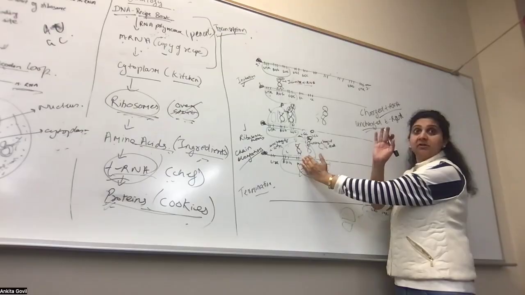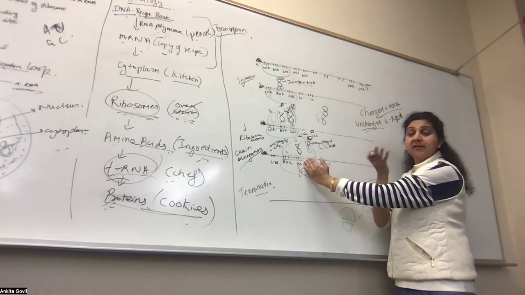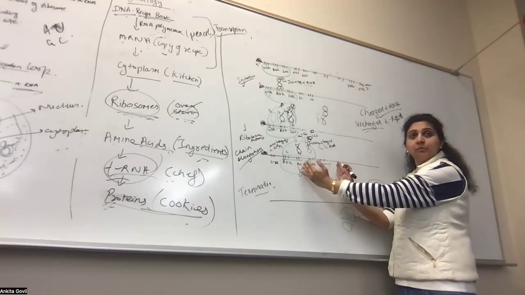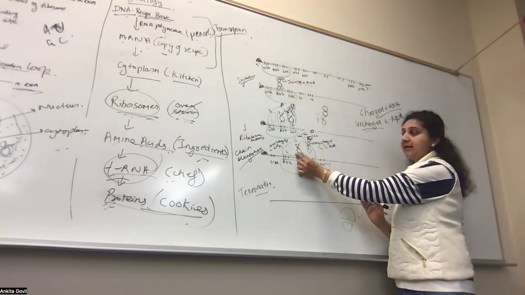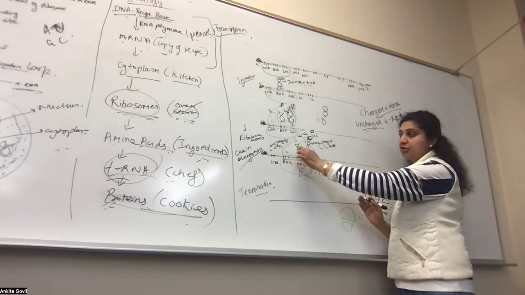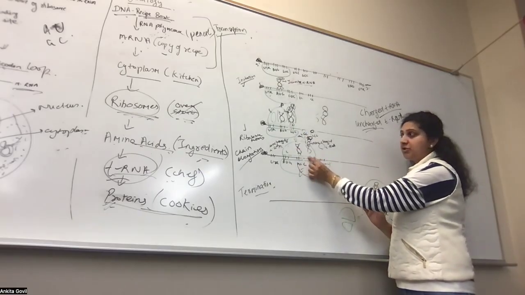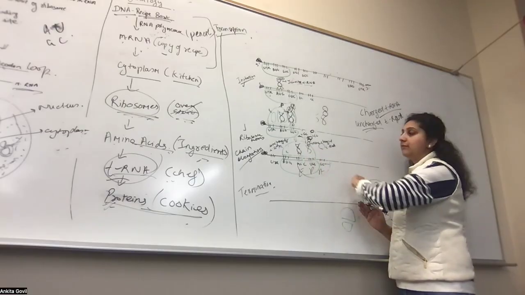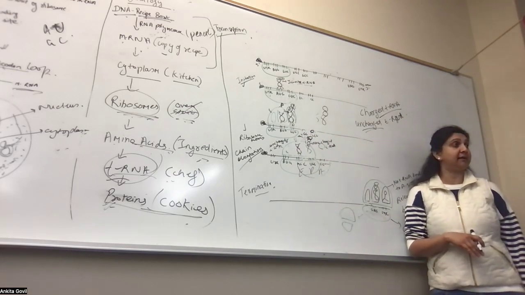Then the ribosome says, wait, I will give you a place to exit the game. Otherwise, where will you exit the game from? So the whole thing shifts. Ribosome makes one shift. This uncharged tRNA comes on E position, exit position, and it exits the game. Now this tRNA at the P position has all the amino acids, and again A site is empty where the new tRNA comes into place, the charged tRNA.